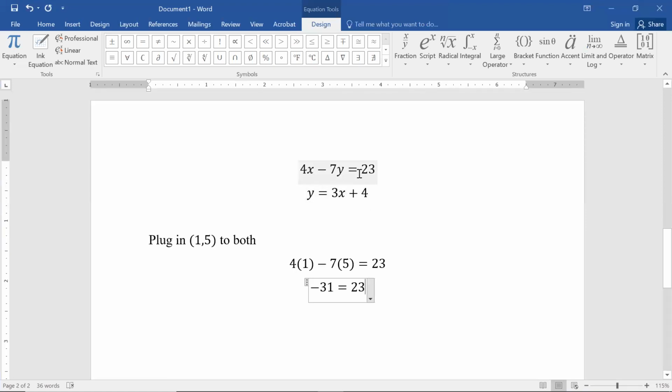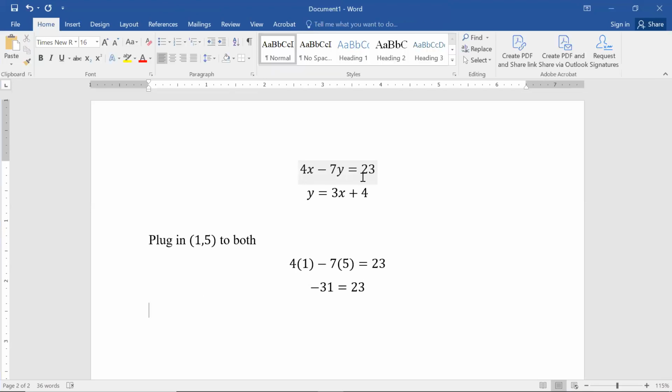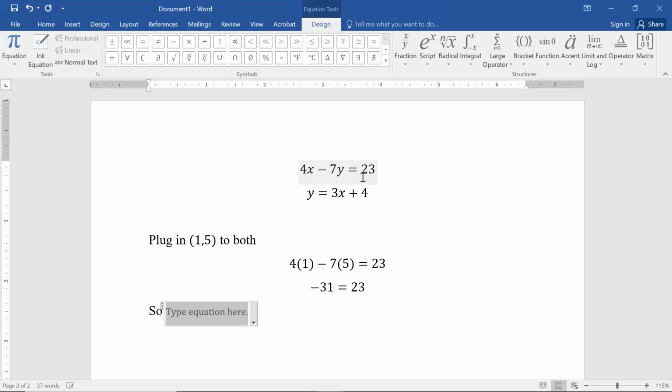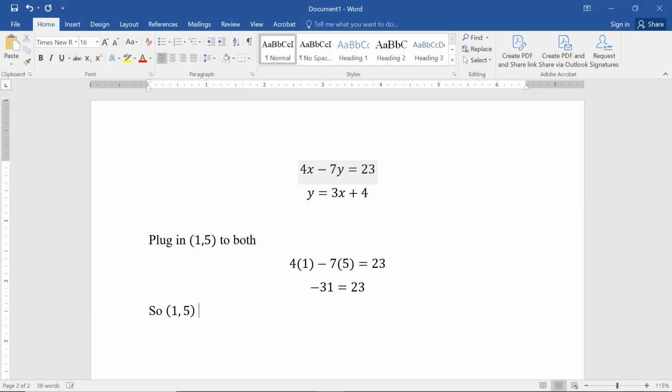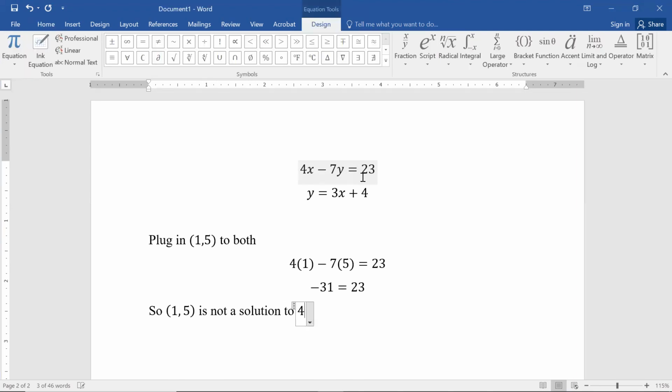Now, honestly, I can stop there. But I'm not going to. So again, this is not a solution to 4x minus 7y equals 23.